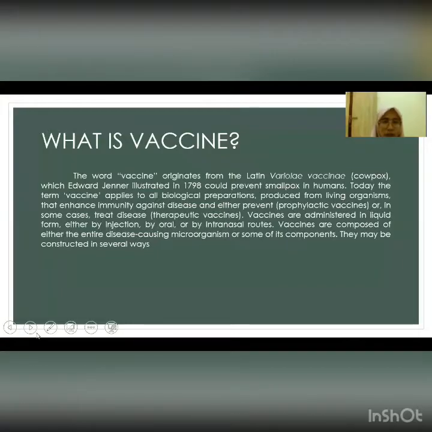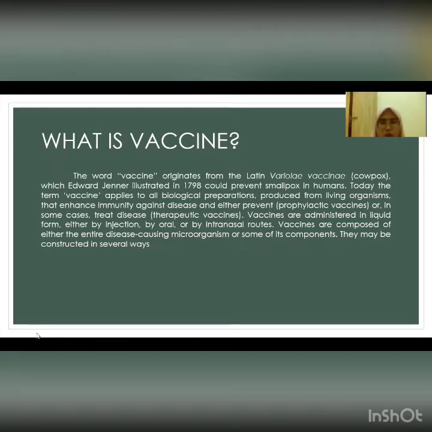So what is a vaccine? The word vaccine originates from the Latin variolae vaccinae, or cowpox, which Edward Jenner illustrated in 1798 could prevent smallpox in humans. Today, the term vaccine applies to all biological preparations produced from living organisms that enhance immunity against disease and either prevent it, which we call a prophylactic vaccine, or in some cases treat disease, which we call a therapeutic vaccine.